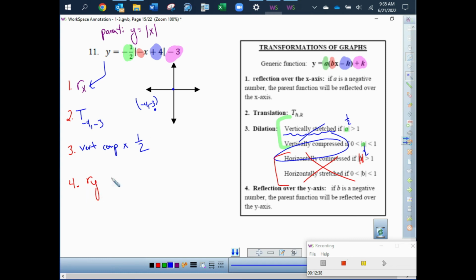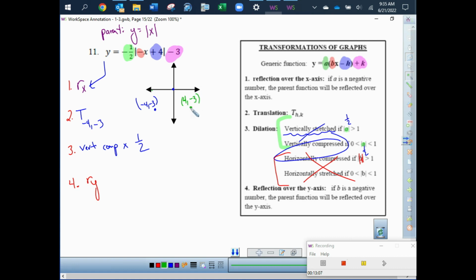But do you see how there's this weird dude at the last step that's going to reflect you over the y-axis? I'm not going to make this V yet because I know it's not going to end up being there. The whole thing is going to jump over the old y-axis. So I'm just going to move its vertex. And it's going to go roughly there. And since this was at -4, -3, this will now be at +4, -3. Just the x value changes. If you went 4 units left, you have to go 4 units to the right, but it's still 3 units down.